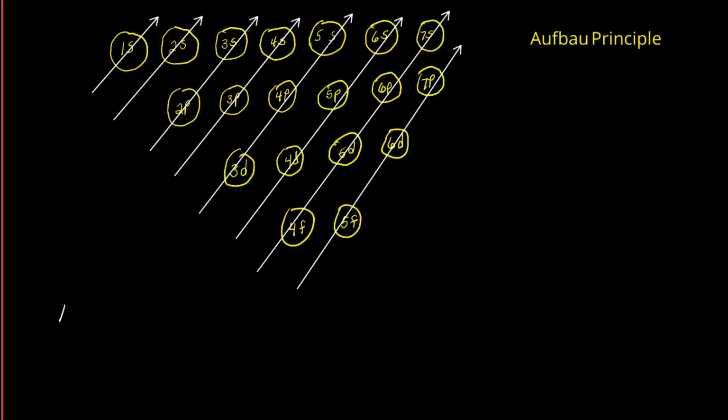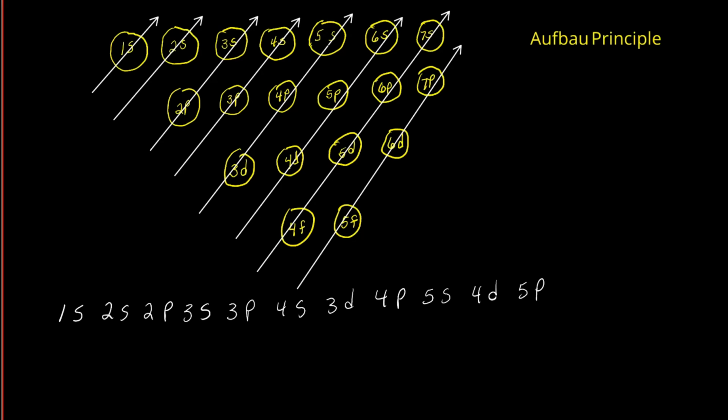First of all, we have 1s electrons, filled then by 2s, then by 2p, 3s, 3p, 4s, 3d, 4p, 5s, 4d, 5p, 6s, 4f, 5d, 6p, 7s, 5f, 6d, and 7p.